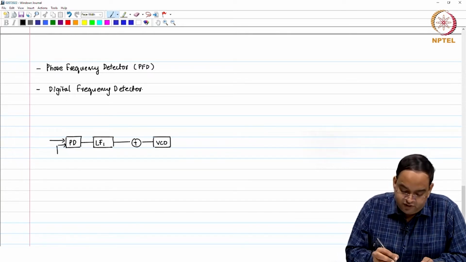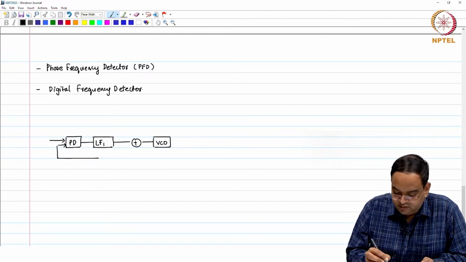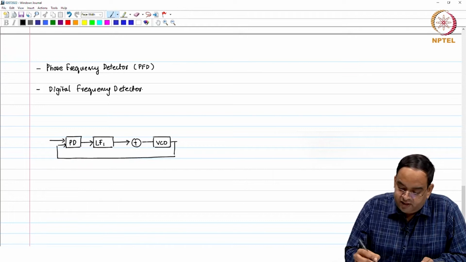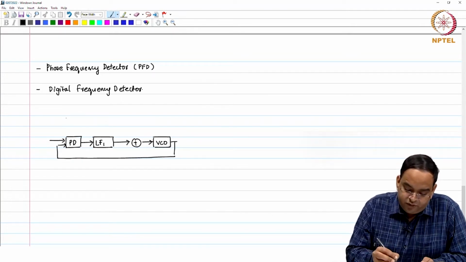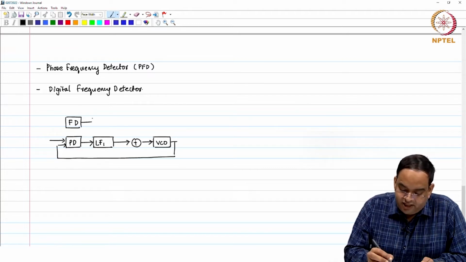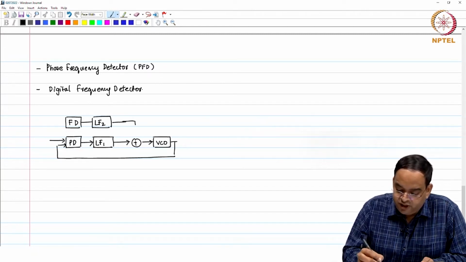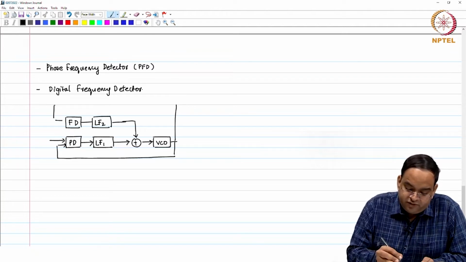This is one loop. Then in another case, you can have a separate frequency detector FD, with another loop filter depending on your loop requirement, LF2, and this is going to add to the control voltage. The output of the VCO will go to the frequency detector.